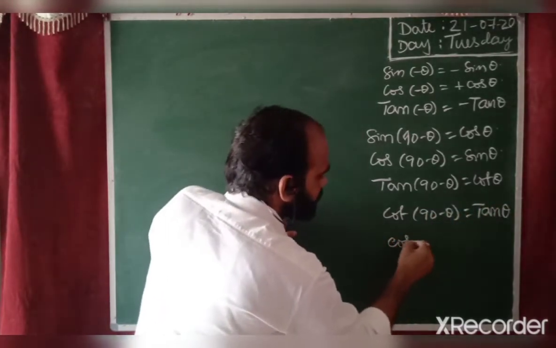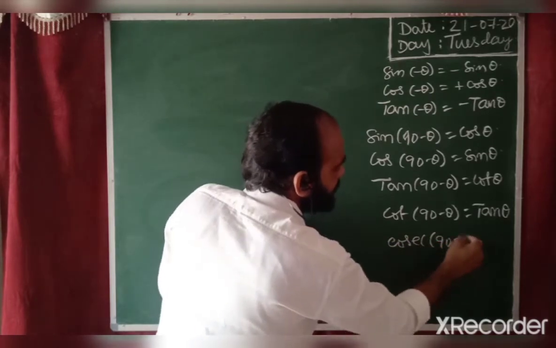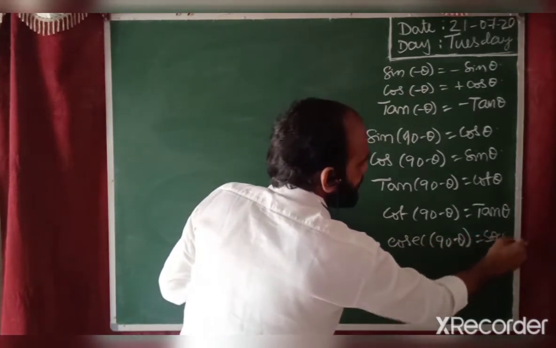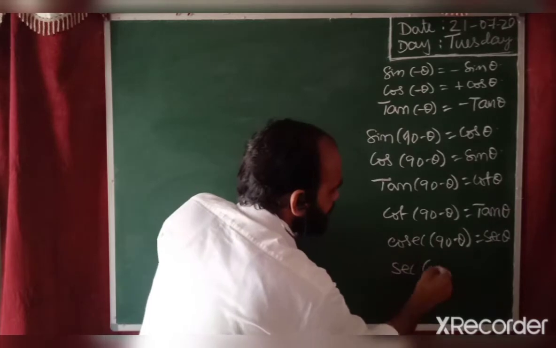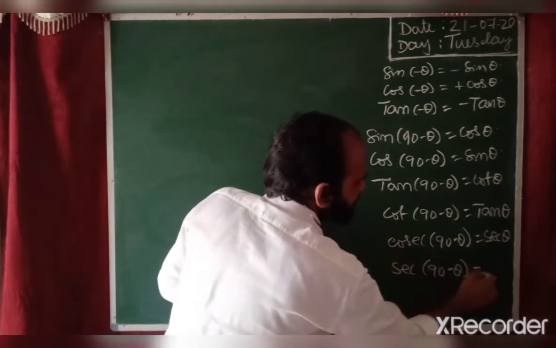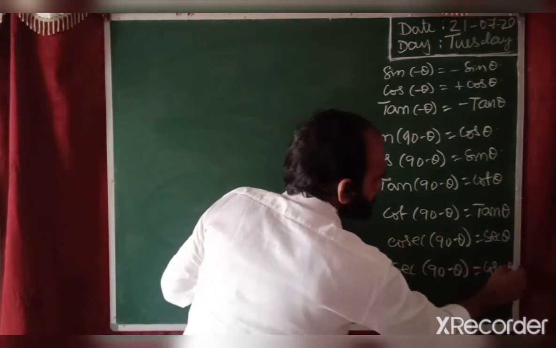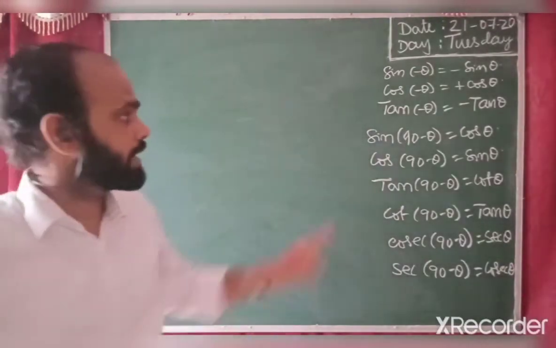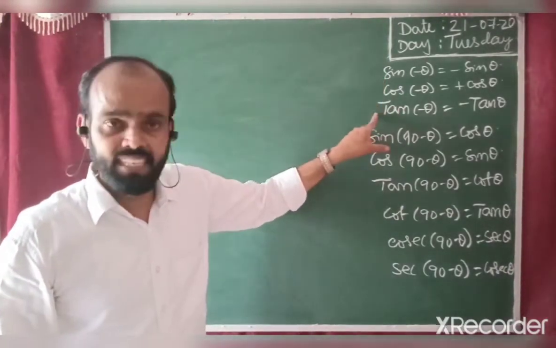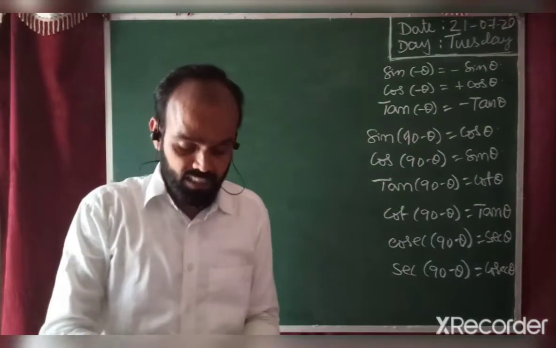Similarly, cosecant of 90 minus theta is secant theta, and secant of 90 minus theta is equal to cosecant theta. These are the things we have discussed so far. I believe that you can understand these negative angles. Reciprocals will also be the same.